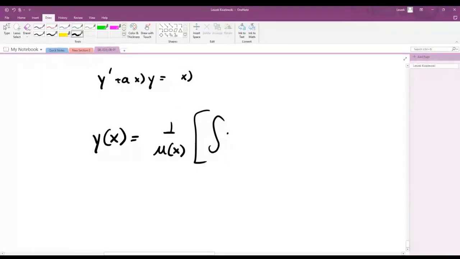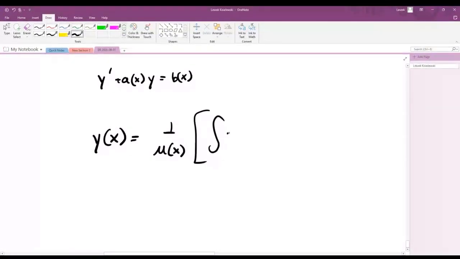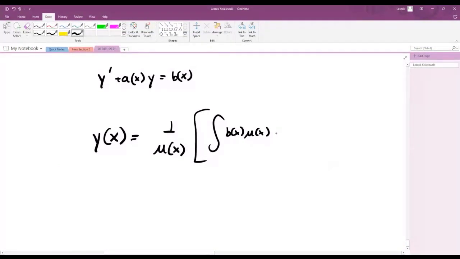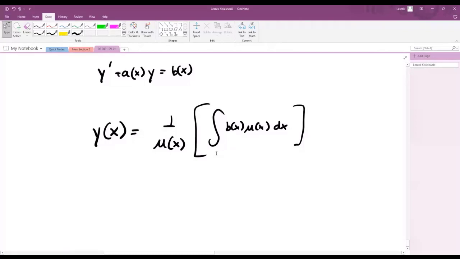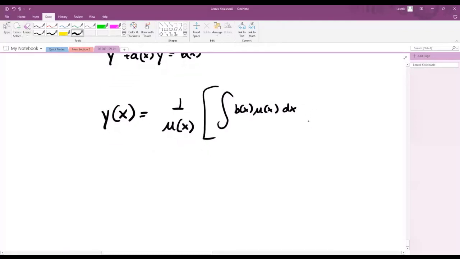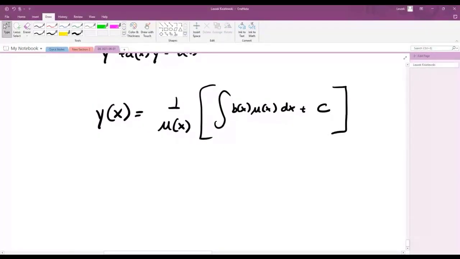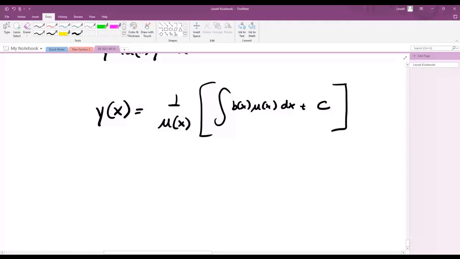It doesn't matter if you put that c before or after, as long as you remember it. So you'd have this antiderivative of the right-hand side times the integrating factor. You can leave it like that because it's implied that if you have an indefinite integral, there's a constant of integration. But students forget, it's very important, so professors in the formula will often just explicitly write that constant of integration.